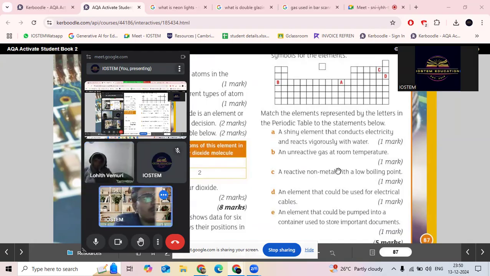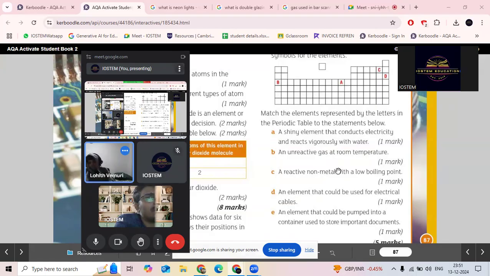D. Yes. What is that element? Neon, right? Neon or helium? It's helium, unlabeled gas. Yes.